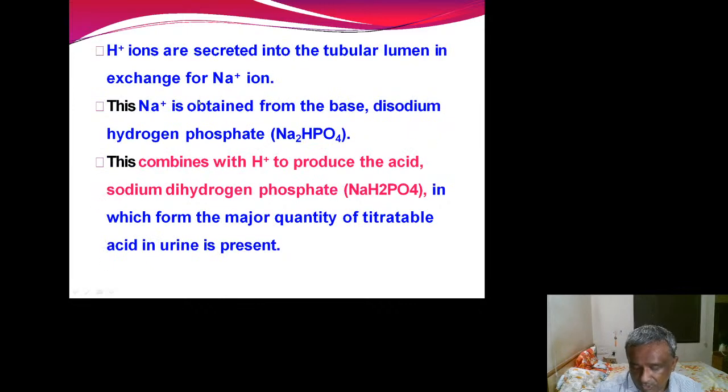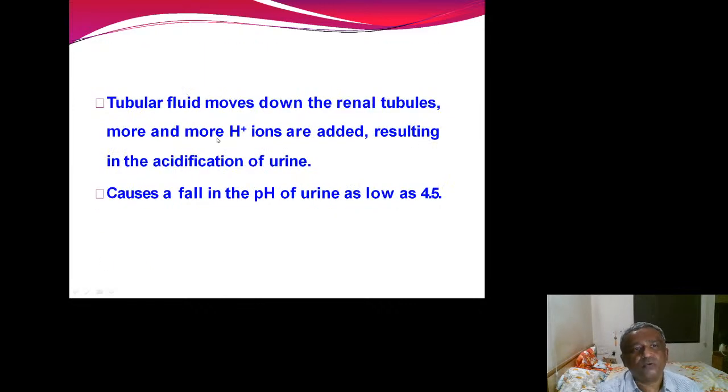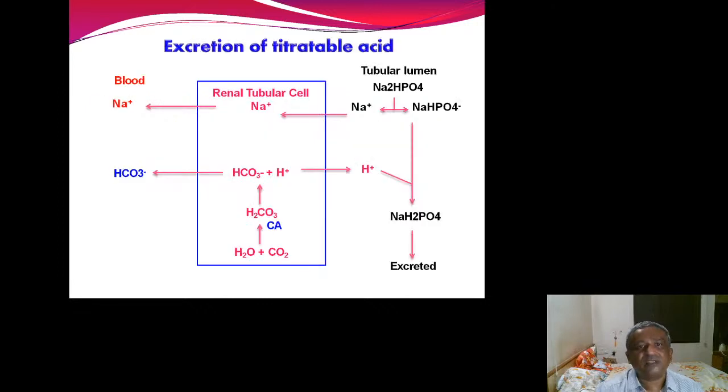As the tubular fluid moves down the renal tubules, more and more hydrogen ions are added, resulting in the acidification of the urine. It causes the pH to fall to as low as 4.5, and it is acidic because of all this hydrogen ion richness.